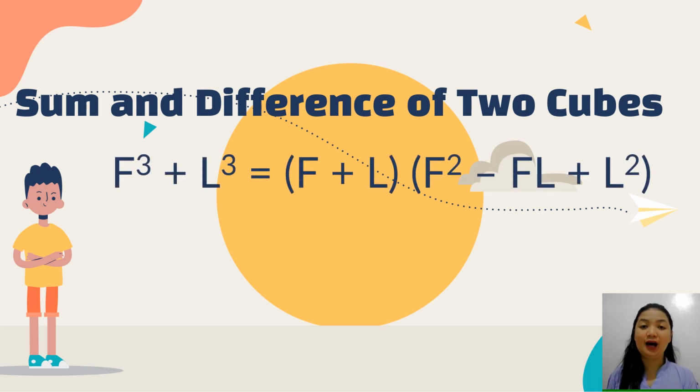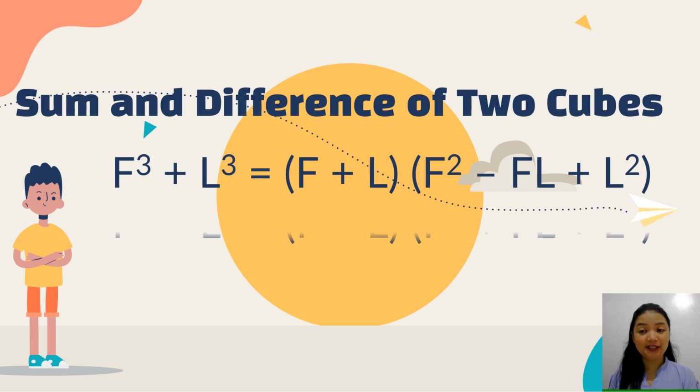So we can have first term cube plus the last term cube is equal to the quantity first term plus the last term times the quantity first term squared minus the product of the first and the last term plus the square of the last term.